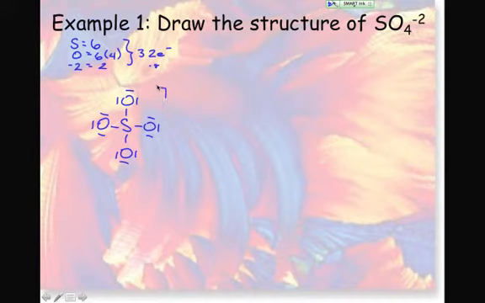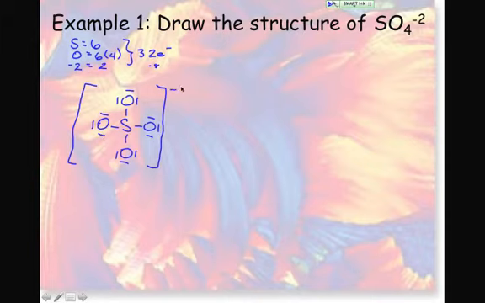Hey, there's a home for every electron, and let's just double check that everything has an octet. Sulfur has 2, 4, 6, 8 electrons. Each oxygen has 2, 4, 6, 8 electrons. Looks good to me.